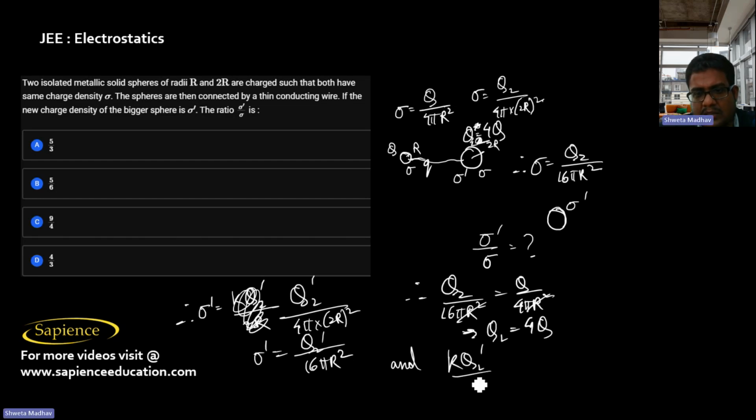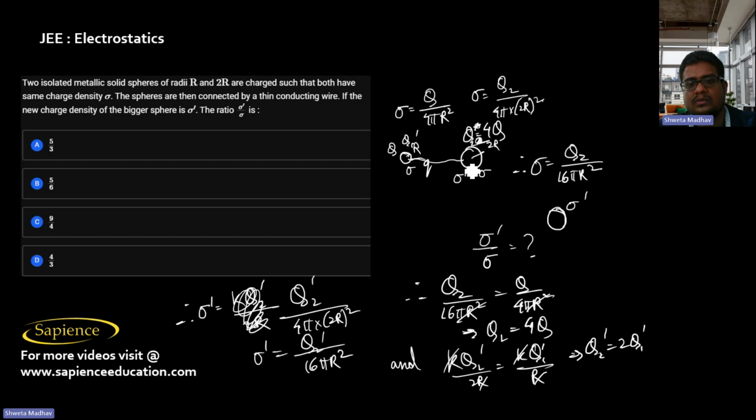So k q2 dash by 2r should be equal to k q1 dash by r. k will cancel, r will cancel, so q2 dash will be equal to 2 times q1 dash.